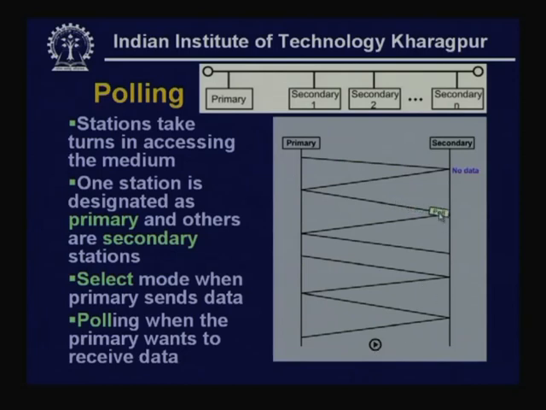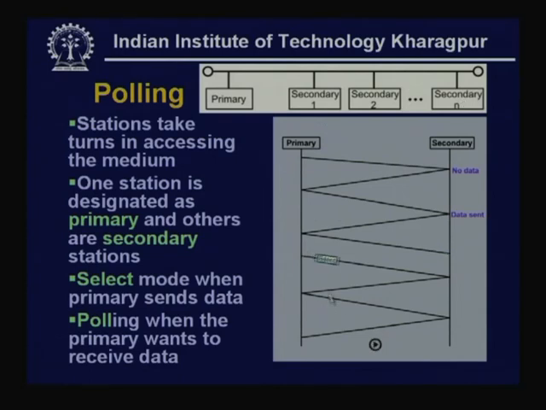If the polled secondary has some data to send, it will send the data, and then the primary will send an acknowledgement to the secondary. So, this is how in the poll mode the polling is done by the primary one by one, and it gets data from the secondaries in a round robin manner.